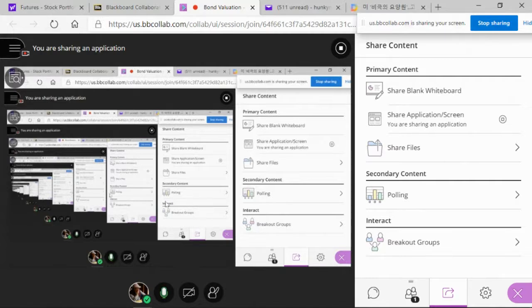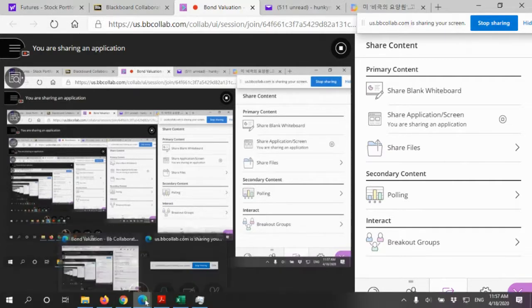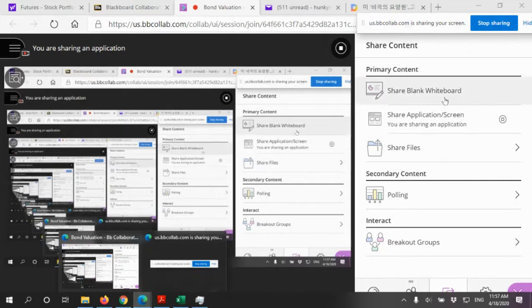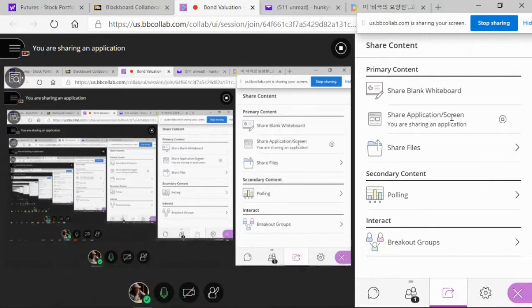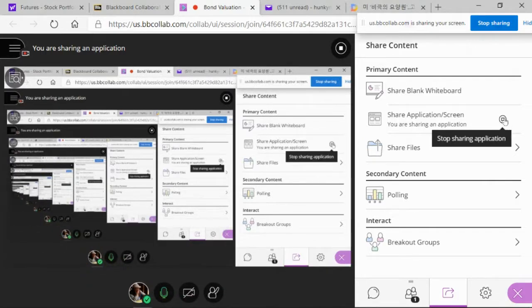How do I select only one? Okay, so how do I share my screen?